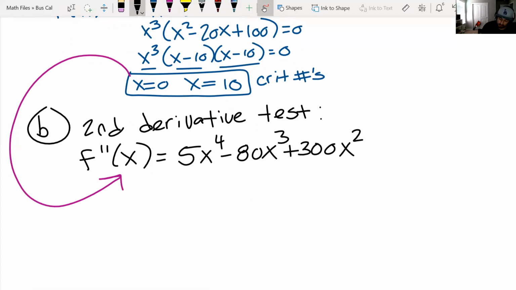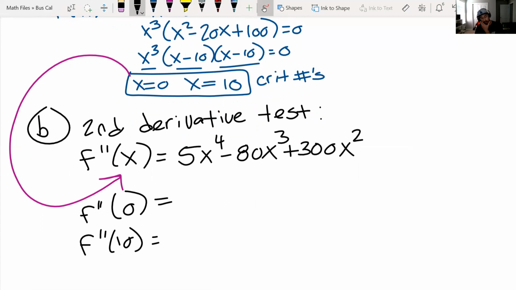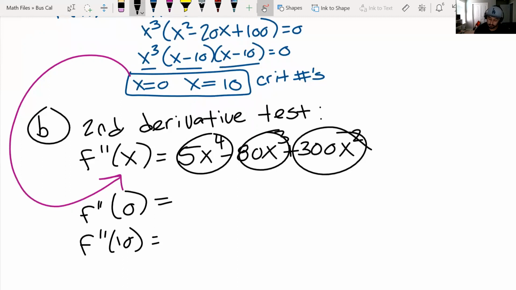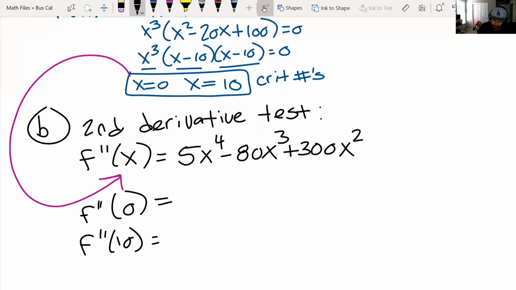So you'll have f double prime of 0 and f double prime of 10. I can tell you now that if I plug 0 into my second derivative, we get 0, which tells us nothing.